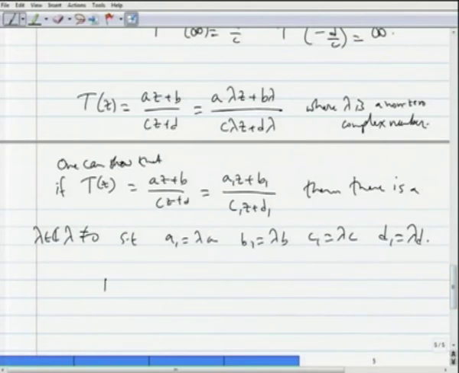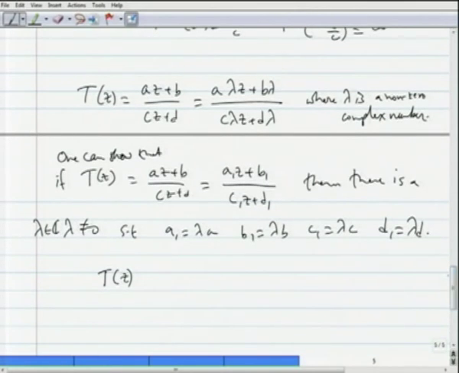Also, we can decompose a given Mobius transformation as a composition of certain elementary kinds of Mobius transformations. For that purpose, define 4 kinds of elementary transformations. T of z is z plus a is called a translation, for some a belongs to C, and T of z is equal to a times z, a non-zero, is called a dilation.